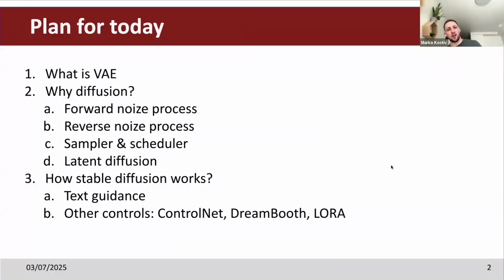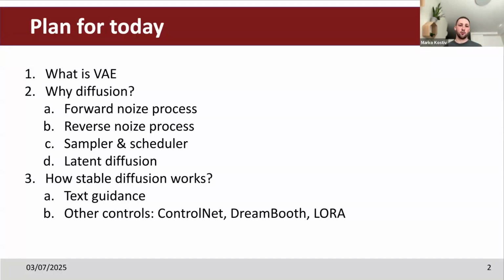So what is the plan for today? We are going to talk about what a variational autoencoder is, which is basically one of the foundations behind the diffusion models that make them work so efficiently nowadays. We'll talk about why the variational autoencoder is not enough. We'll talk about diffusion: what the forward noise process and reverse noise process are, why we need a sampler and scheduler, why we need both, and how latent diffusion works.